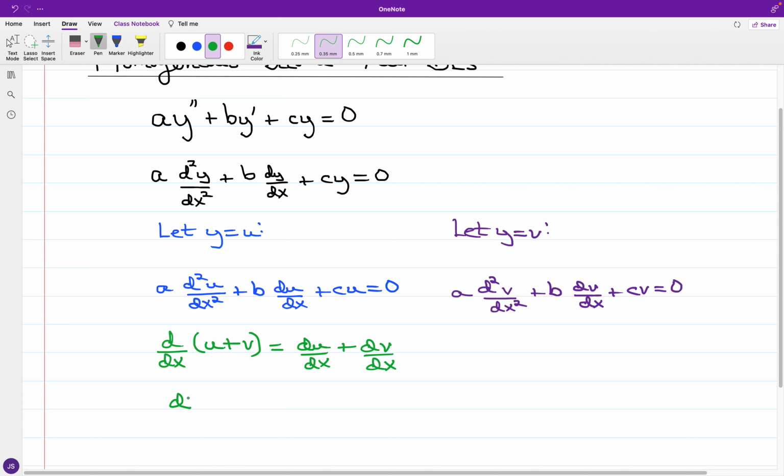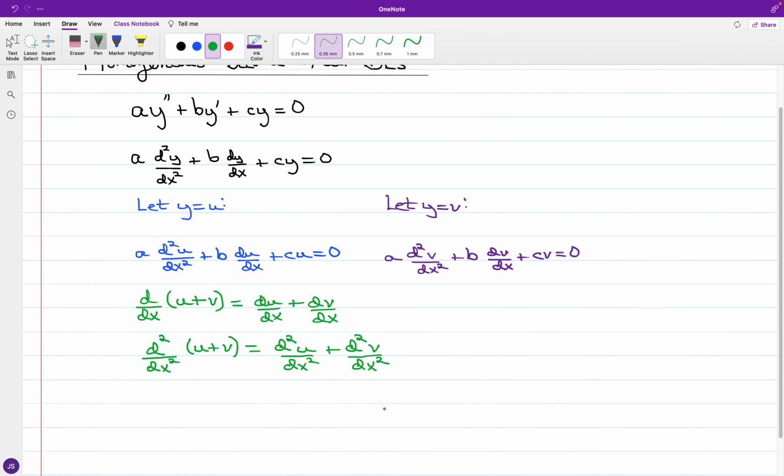Also in terms of second order, if I have d squared over dx squared of the sum of u and v, this will become d squared u over dx squared plus d squared v over dx squared.